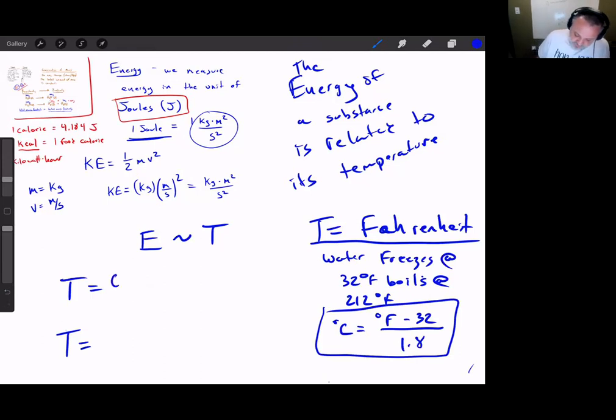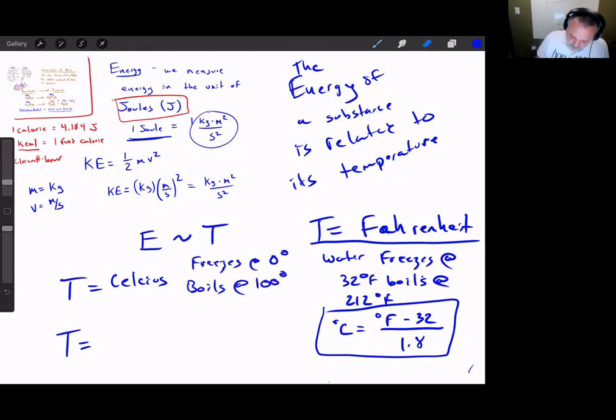We can also have the Celsius scale. This is very common. It's based on water, where water freezes at 0 degrees and it boils at 100 degrees.